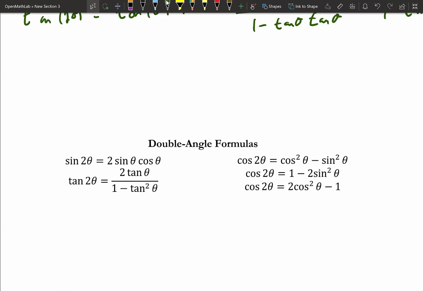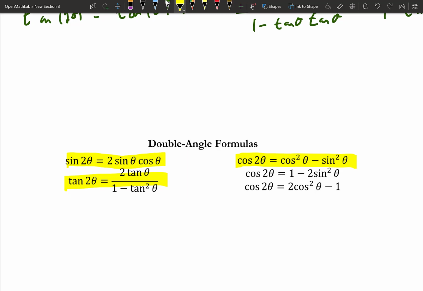So we came up with these formulas, and then you can come up with the others as well.